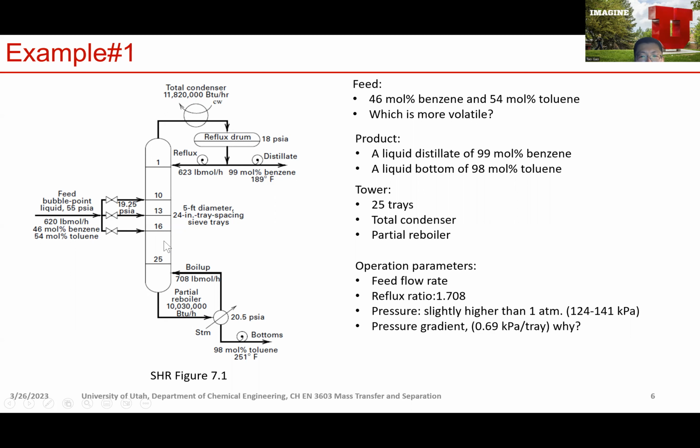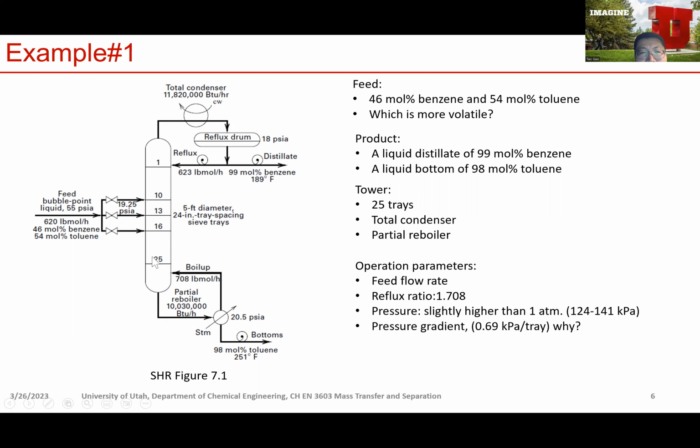And then the operating pressure of this column is slightly higher than 1 atmosphere pressure. It has a range from 124 to 141 kilopascal. There's a pressure gradient: pressure decreases from bottom to top, and there's a pressure gradient across every tray. Why is that?